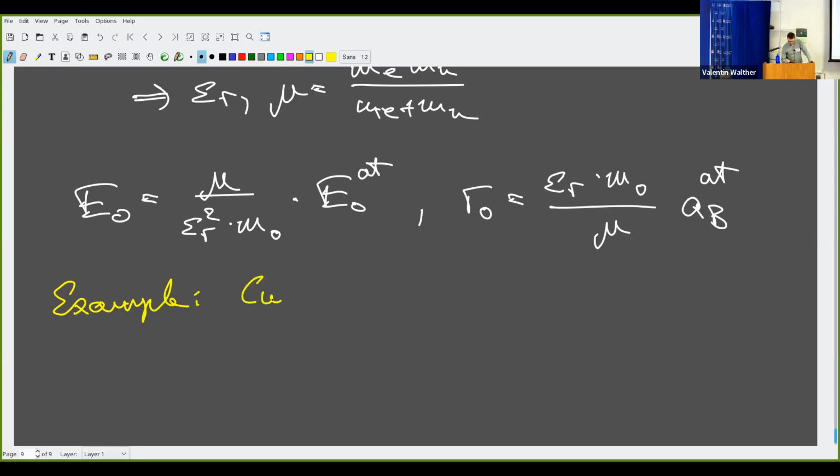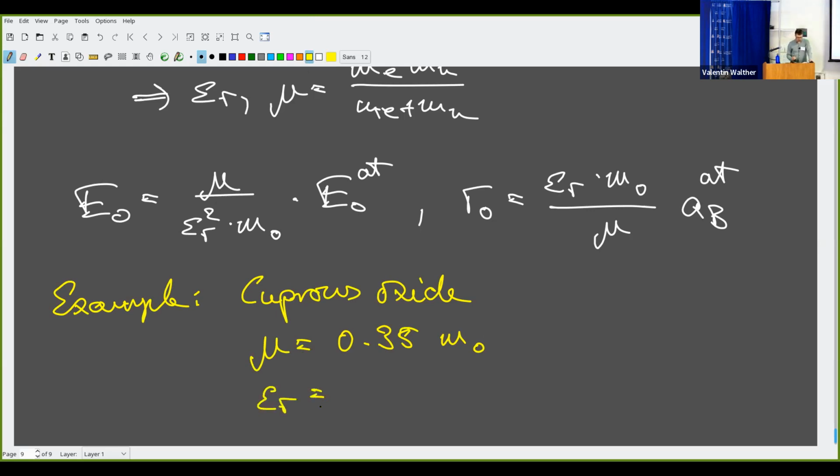So in a material that we'll look at a little more carefully in just a second, cuprous oxide, mu, the reduced mass, is 0.35 the rest mass of an electron in free space, and epsilon r is 7.